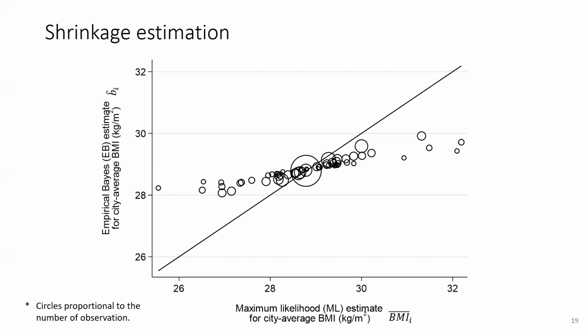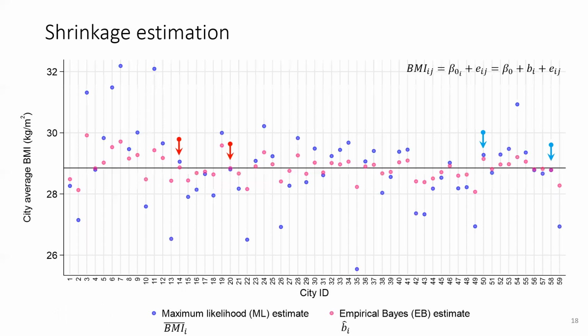Marianne, do you have a question? Yes. So if the shrinkage estimation is closer to the overall mean, it makes sense to think that the variability between cities' BMI will be lower. So we will have a less heterogeneous sample.